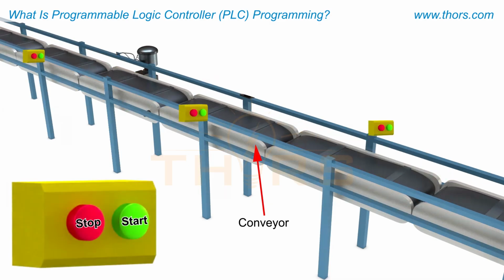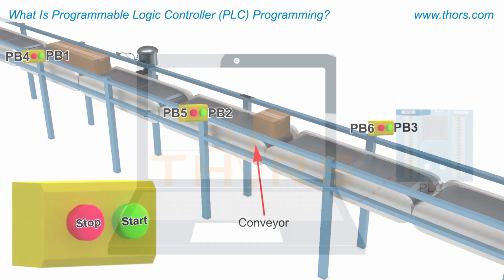The PLC programmer then designs the control logic incorporating 3 start push buttons labeled as PB1, PB2, and PB3, along with stop override logic for 3 corresponding stop push buttons labeled as PB4, PB5, and PB6.